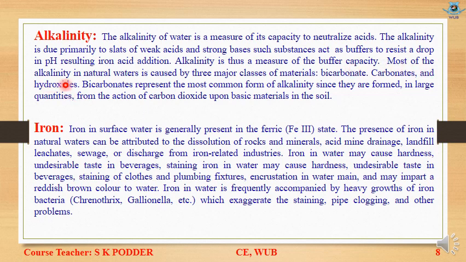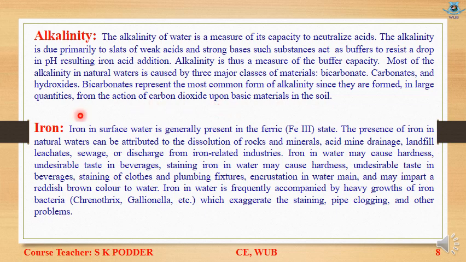Most of the alkalinity in natural waters is caused by three major classes of materials, that is bicarbonate, carbonate and hydroxides. Bicarbonate represents the most common form of alkalinity since it is formed in large quantities from the action of carbon dioxide upon basic materials in the soil.